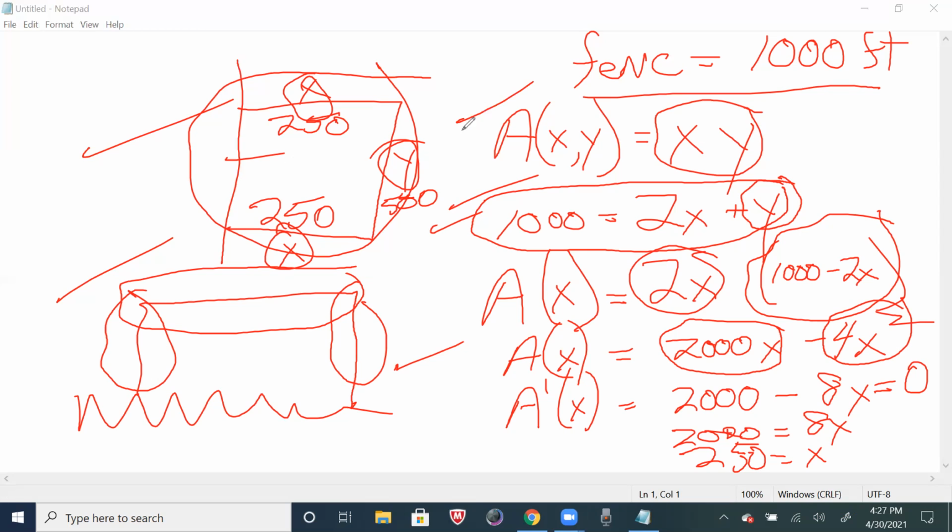I wouldn't be able to go anywhere if I didn't have this information up here about the total fencing, because the total fencing allows you to write y as a function of x, which means I can write the area completely as a function of x. And then I can differentiate it with respect to x. And then I can solve for x. And once you solve for x, you, at the same time, basically solve for y.